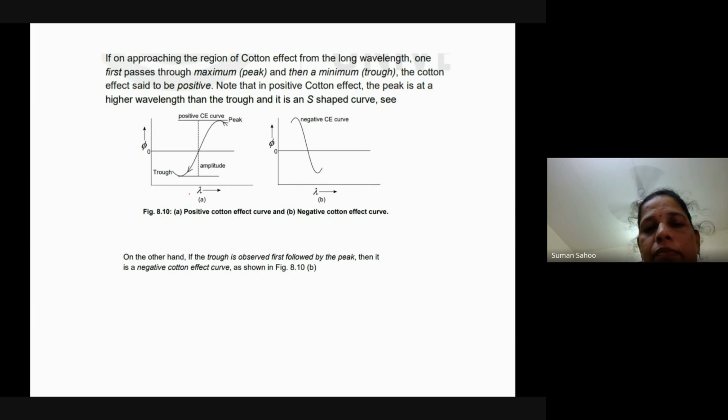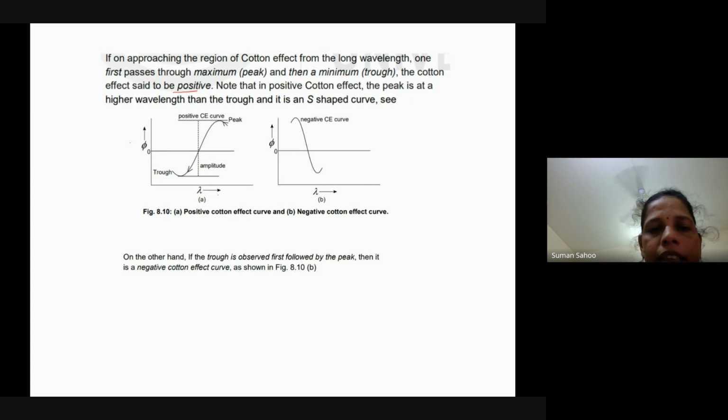Suppose we are plotting a graph between wavelength and optical rotation, and we decrease the wavelength. If first you see a peak and then it passes through a minimum, the effect is said to be positive.